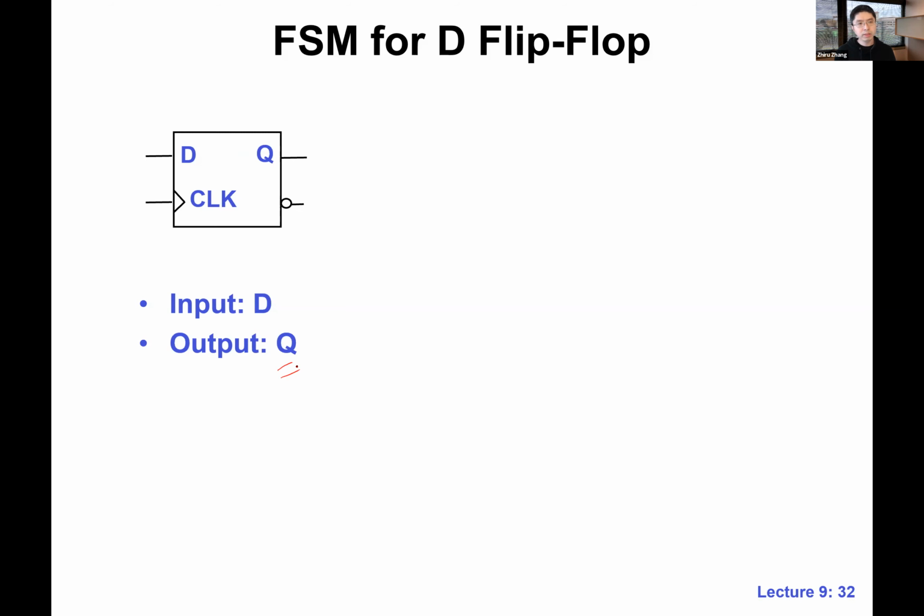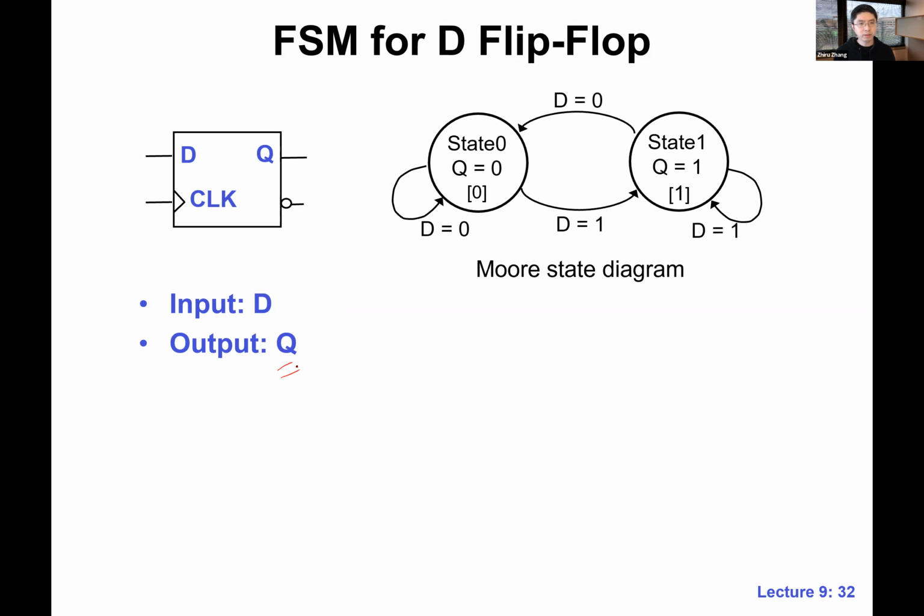So maybe let's just draw the Moore diagram first. How about that? Hopefully it's going to be more clear. So this is the state diagram. Let's just draw the Moore state diagram like this. Hopefully you guys agree on this one.